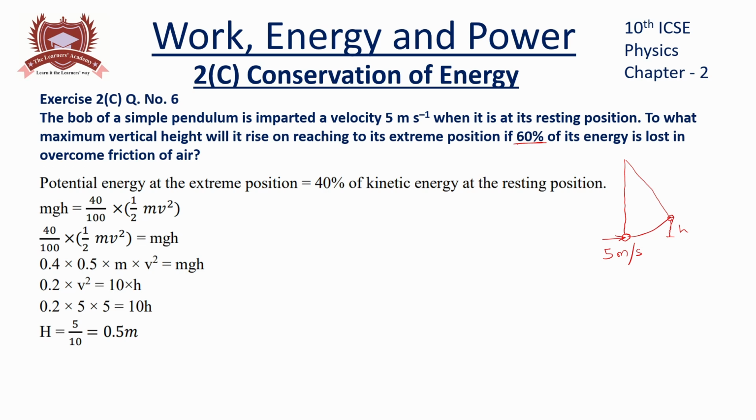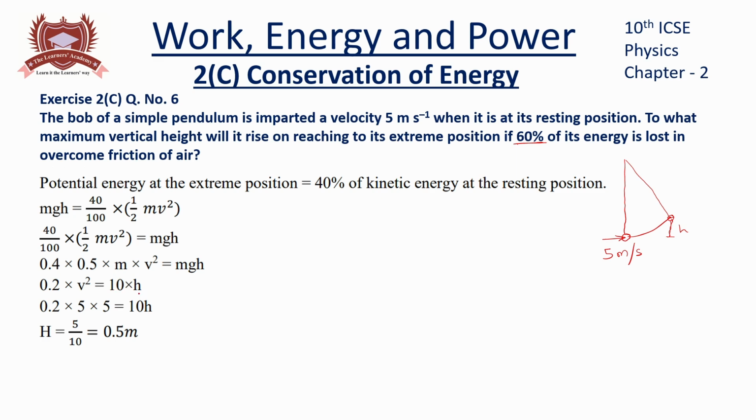Potential energy at the extreme position is equal to 40% of the potential energy at the resting position. So we get mgh is equal to 40 upon 100 times half mv square, or 0.4 times 0.5 times m times v square is equal to mgh.